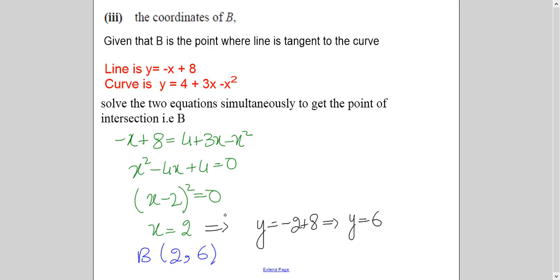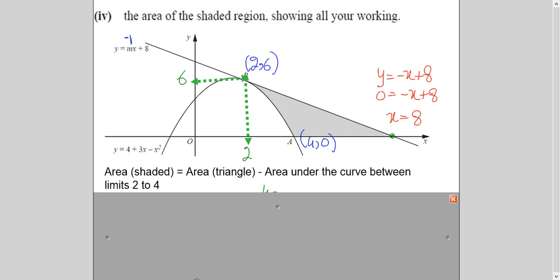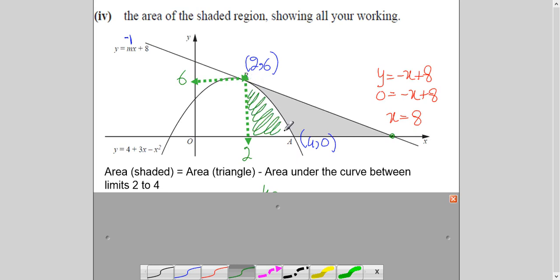Now the last part of the question is to find the area of the shaded region. If you look at the shaded region here, its area is the area of a triangle minus the area under the curve. How do we find the area under the curve? By integrating the equation with the limits 2 to 4. For the area of the triangle, this height is 6, and this point I don't know. So what should I do?